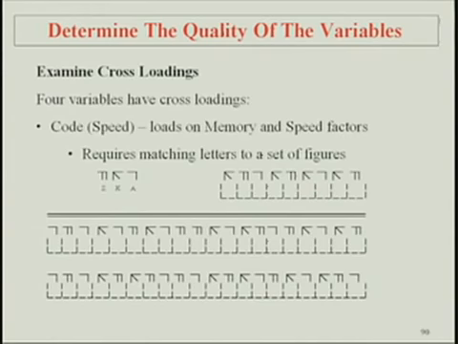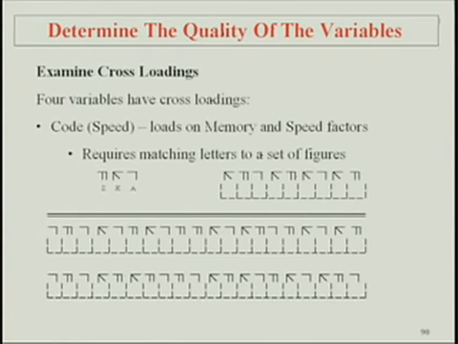So that figure is a Z, and that figure is a K, and that figure is an A. And you have to run through here real quickly and put the right letter down. So yes, it should be measuring speed, but it makes sense it should be measuring memory too. You have to remember the things to put them down quickly. So I can see the cross-loading.